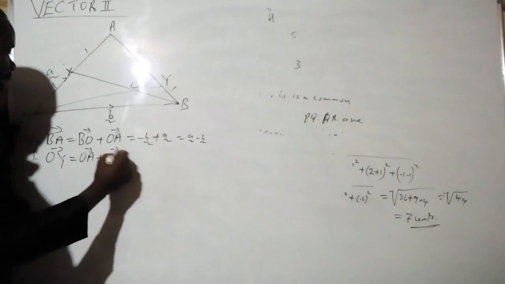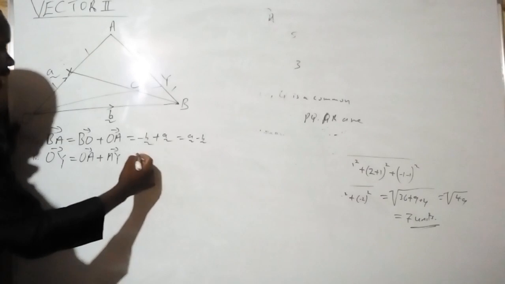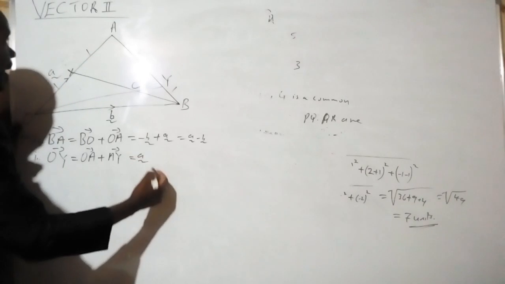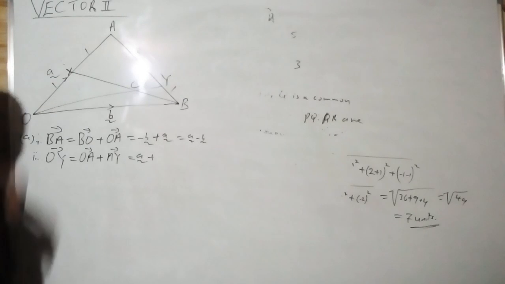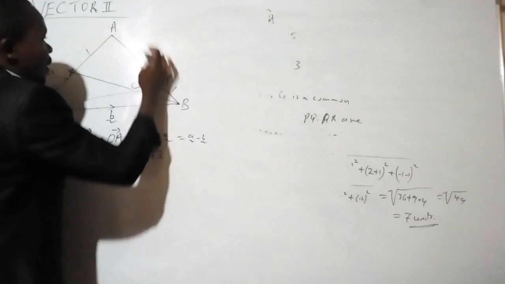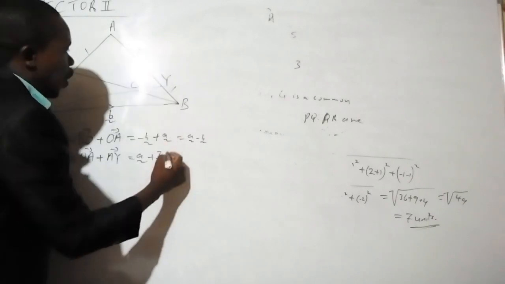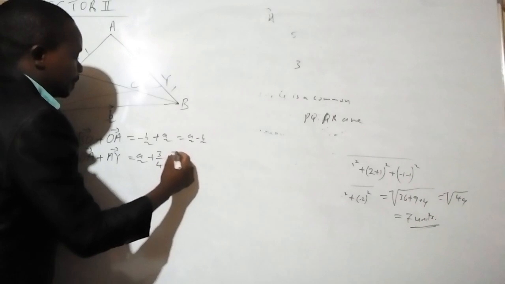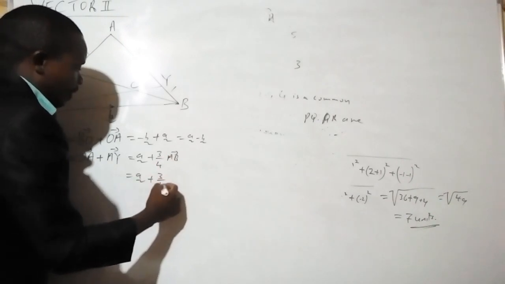But OA is what? OA is vector A plus AY. AY is supposed to be 3 in terms of ratio. 3 out of a total 3 plus 1 is 4 of AB. Vector A plus 3 over 4, but AB is what?